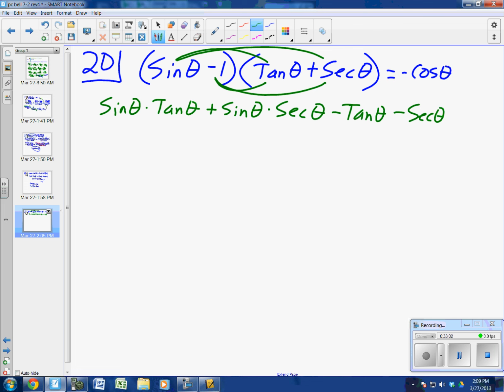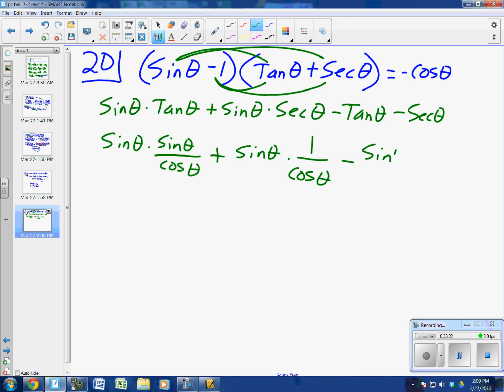That's what we're going to do next. Good. Samantha said, let's change the tangent to sine over cosine, and change the secant to 1 over cosine.